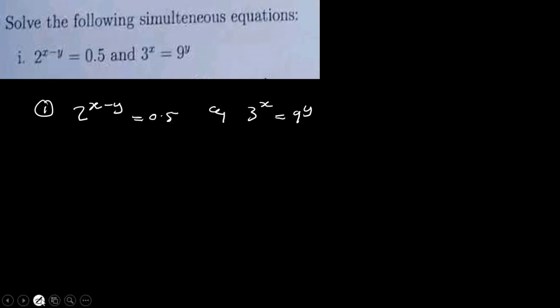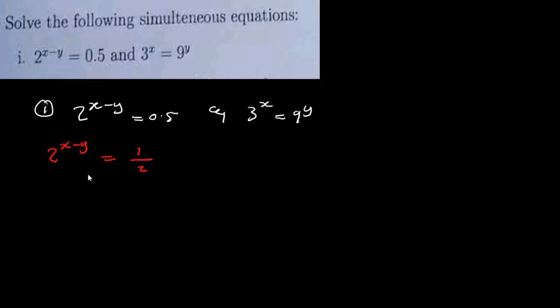So we can simply change these. You know that this 0.5 is the same as 1 over 2. So 2 to the power x minus y is equal to 1 over 2.